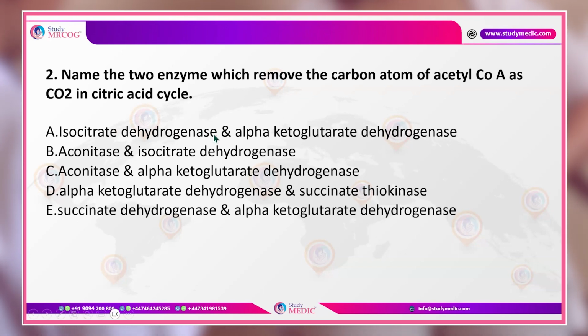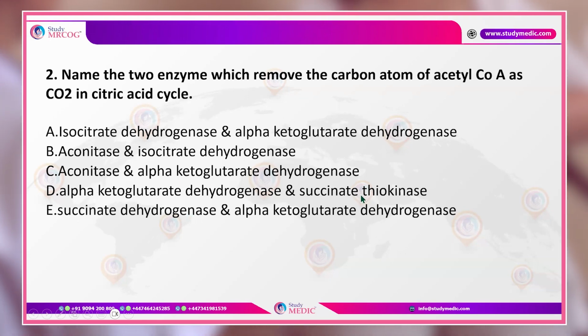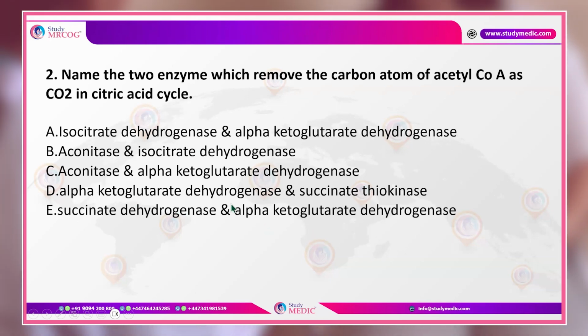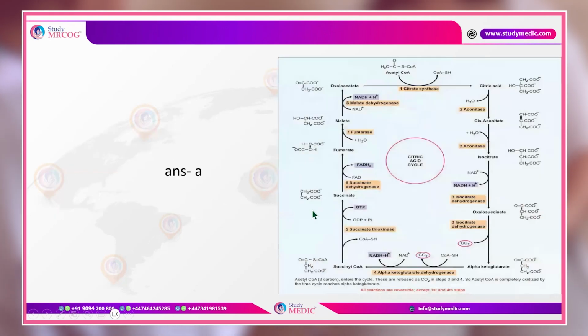The options are: isocitrate dehydrogenase and alpha ketoglutarate dehydrogenase; aconitase and isocitrate dehydrogenase; aconitase and alpha ketoglutarate dehydrogenase; alpha ketoglutarate dehydrogenase and succinate thiokinase. If you carefully observe, all these enzymes are the enzymes of citric acid cycle, which is already mentioned. So you have to identify which of them is causing the release of carbon dioxide.